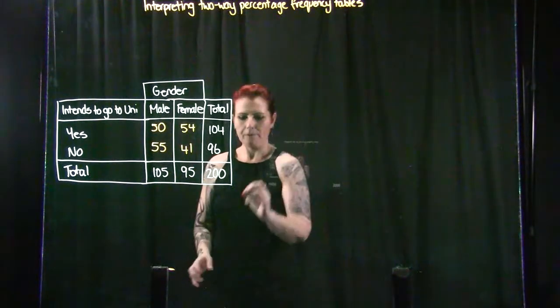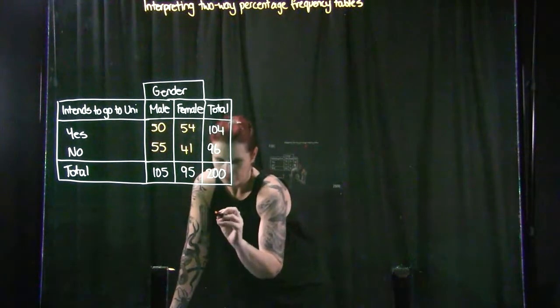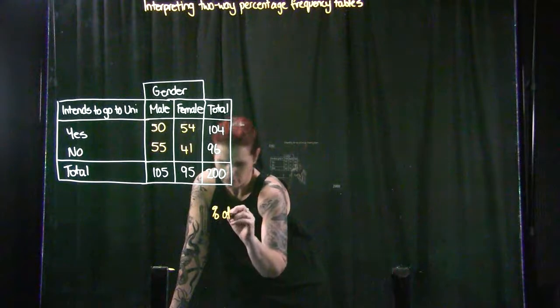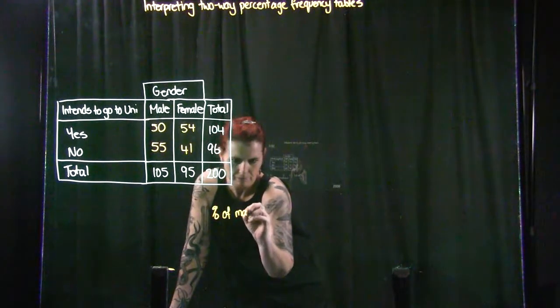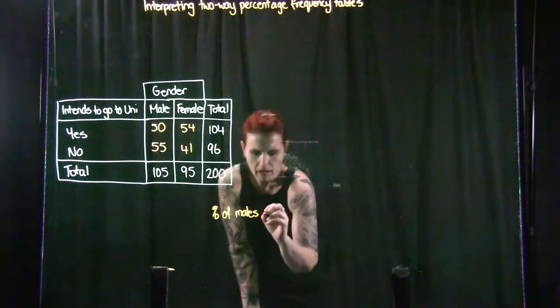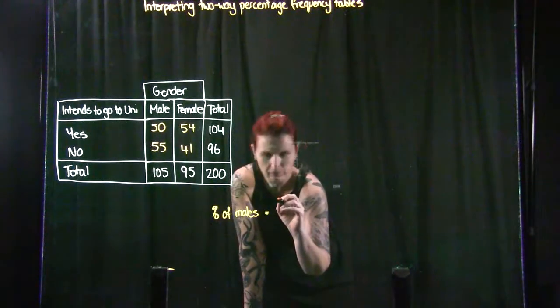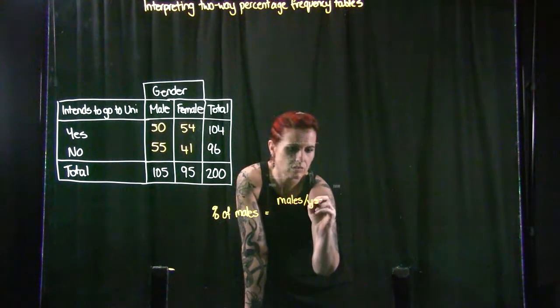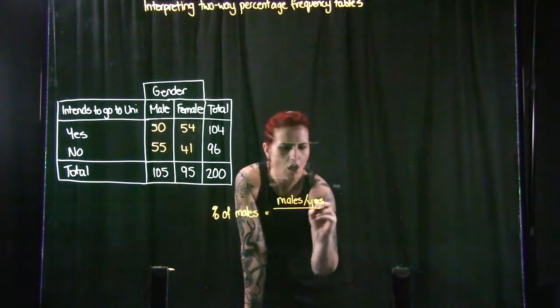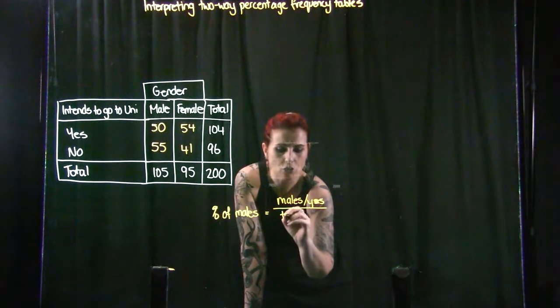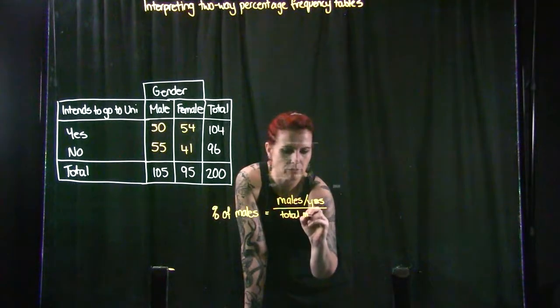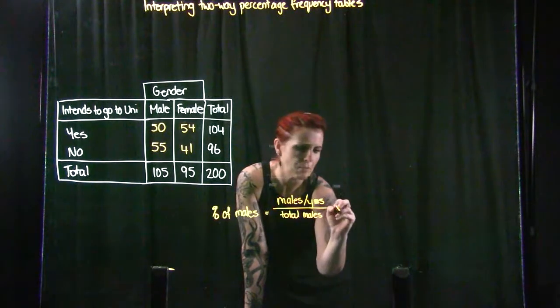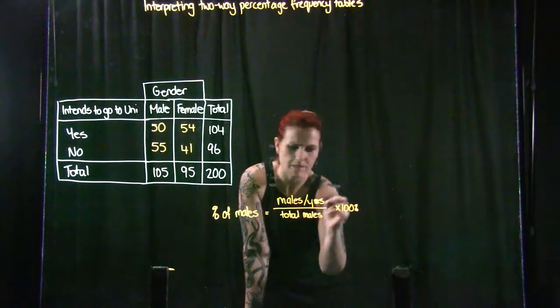So the percentage of males is going to be the number of males that indicated yes, out of the total number of males, and then we multiply by 100 to get a percentage.